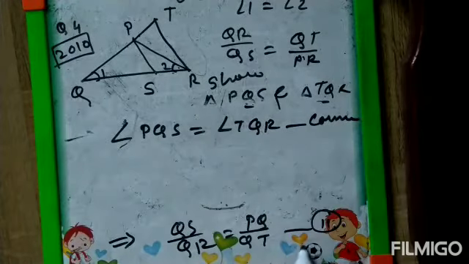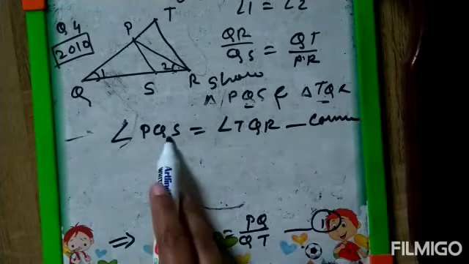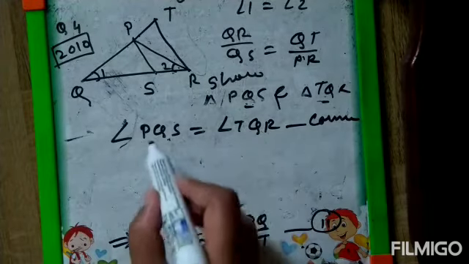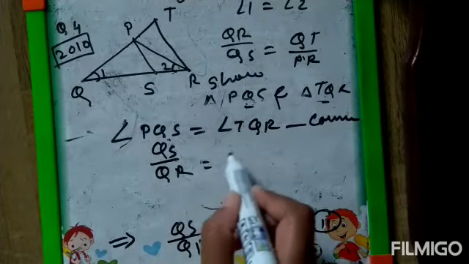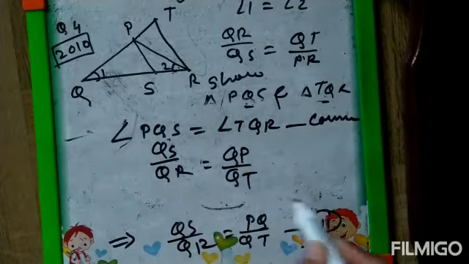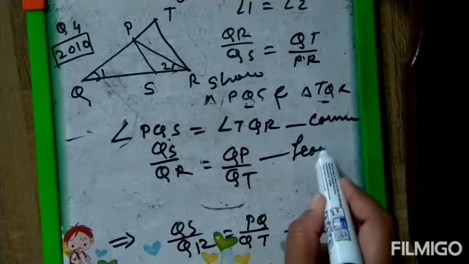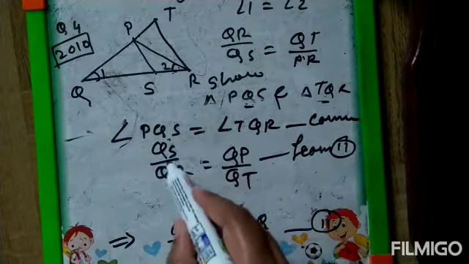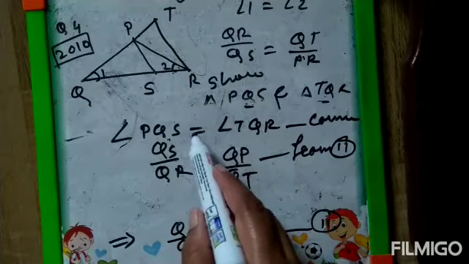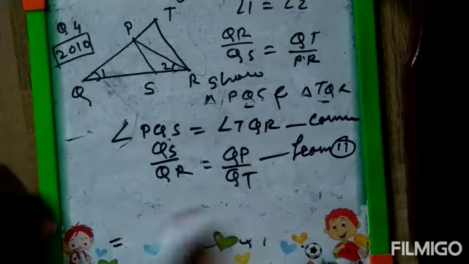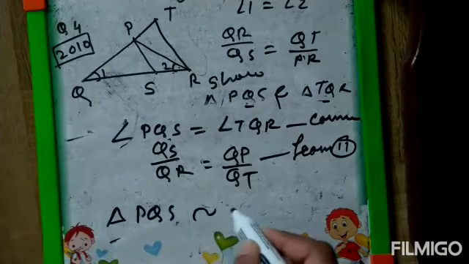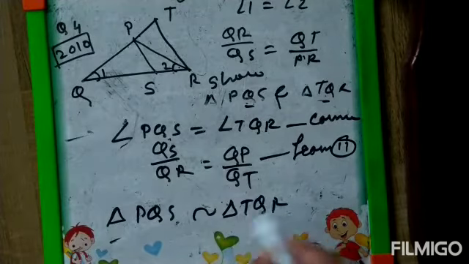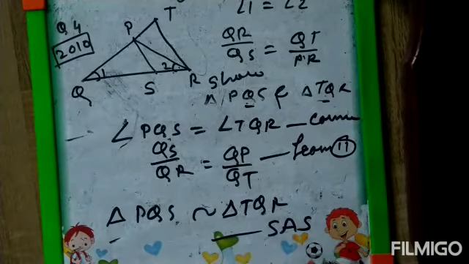Next, from equation 2, QS and its corresponding side QR, the sides are in proportion, QP upon QT. So we have two sides and one angle. By SAS criteria, triangle PQS is similar to triangle TQR using the SAS similarity criteria.